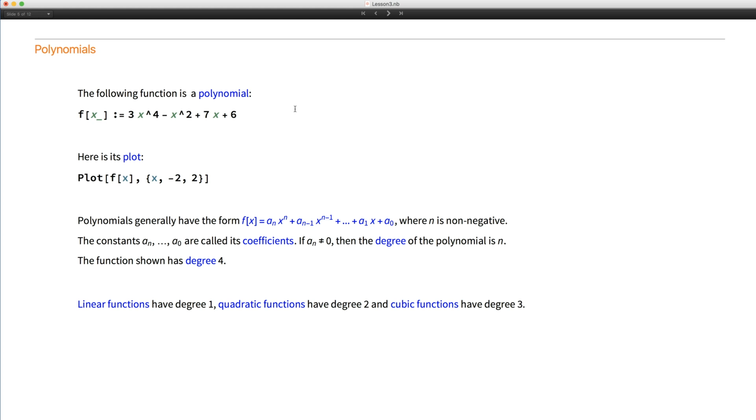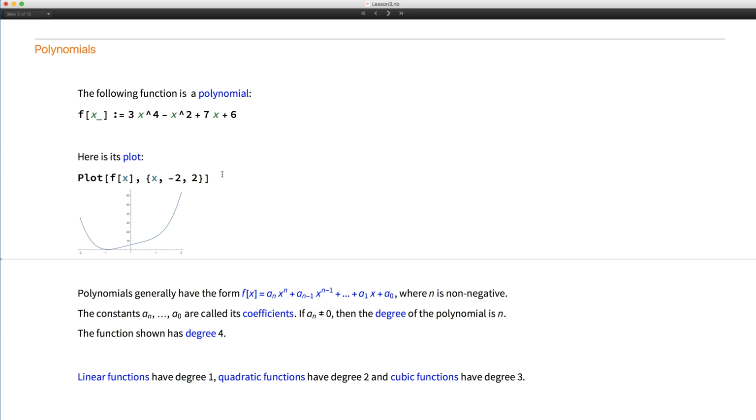To go a step further, let's talk about polynomials. Over there, the function f is a polynomial. If you plot the polynomial, you get a nice, smooth graph. Generally speaking, if you want to define a polynomial, you need to set up a sum of this type. The a's over here are coefficients, while the powers are right over there, n minus 1, etc. The highest power is called the degree of the polynomial.